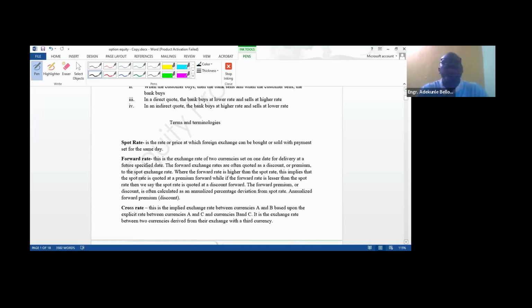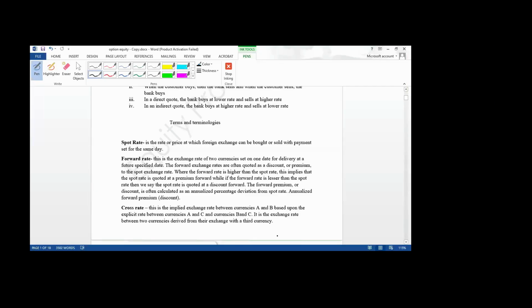Number 1, spot rate, the spot exchange rate. The spot rate is the exchange rate for immediate foreign transaction.